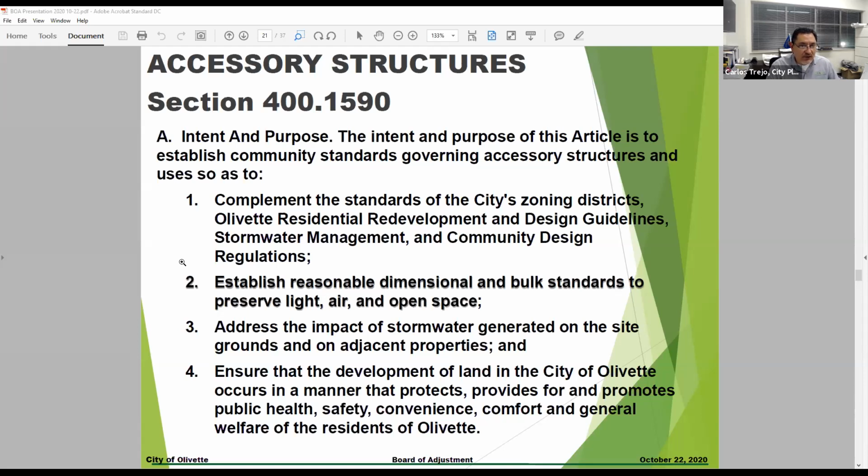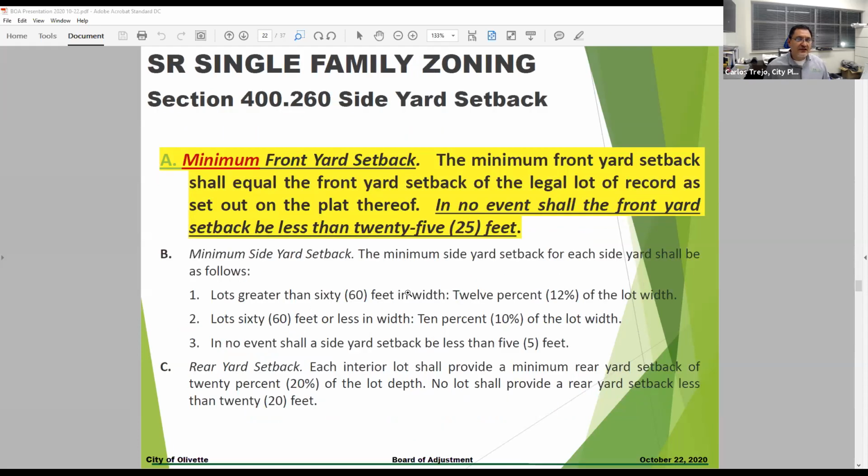The dimensional standards provide reasonable dimensional and bulk standards to preserve light, air, and open space, reflective of our community values. These standards also address stormwater generated on these sites and ensure the orderly development of land in the city of Olivet that protects the public health, safety, convenience, comfort, and general welfare of our residents.